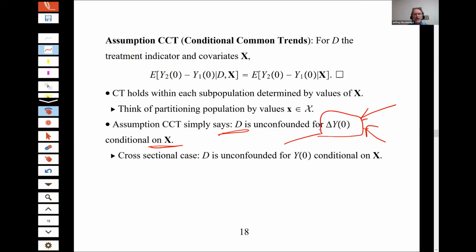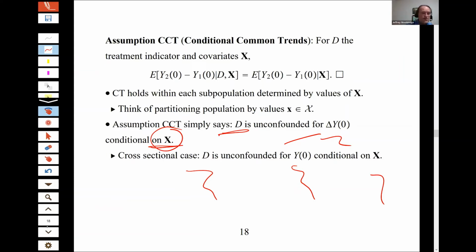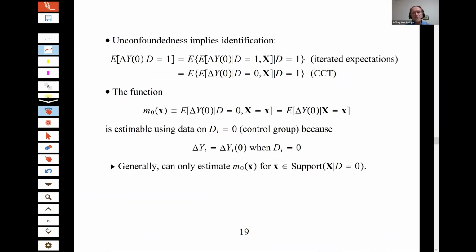Now, if we go back to the cross-sectional case, what we would be doing is saying that D is unconfounded with respect to the level of the outcome conditional on X. So the hope is that by focusing on the differencing and by being able to control for the X's, we can make this common trends assumption true.